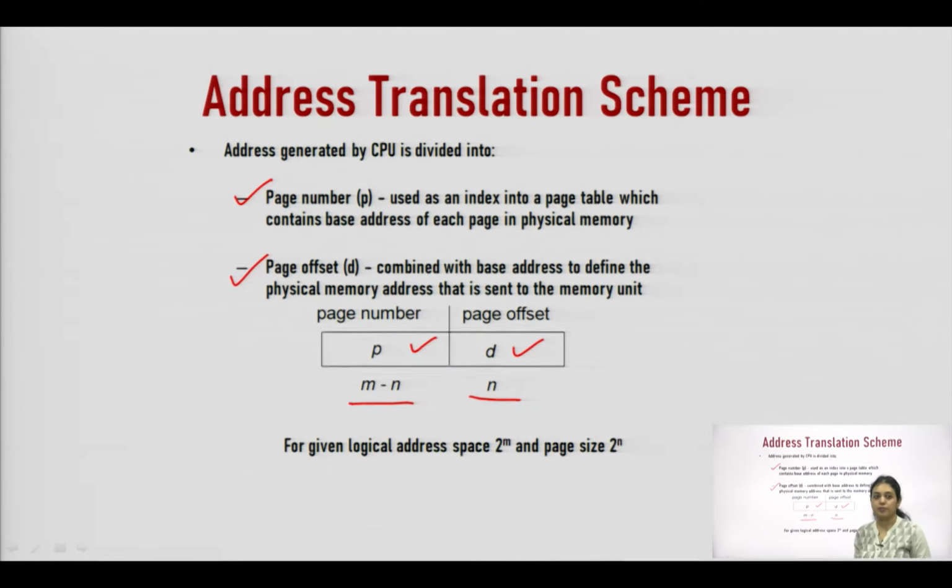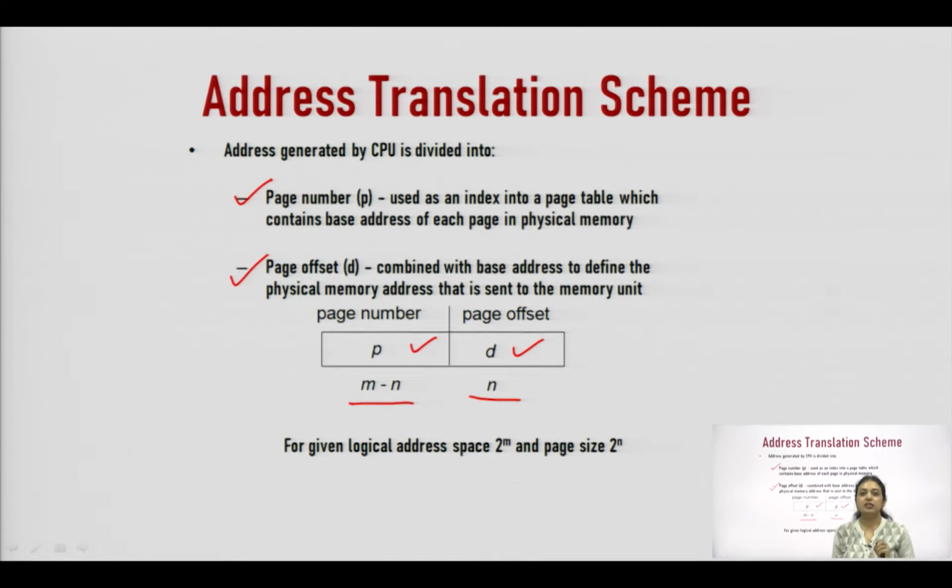physical memory. Let us say we have page number 2 stored in physical memory in one particular frame, and that frame starts at a particular location in the physical memory. So, this page number P is used as an index into the page table, where we get to know where in physical memory this page is actually located.